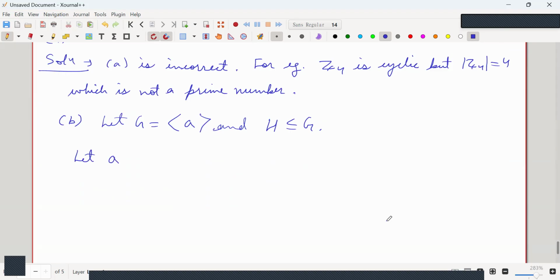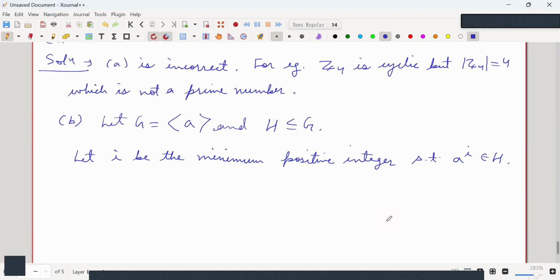So let A^I be the minimum positive integer such that A^I belongs to H. Now see, G can be infinite also, but this index I, it's varying over integers, right?